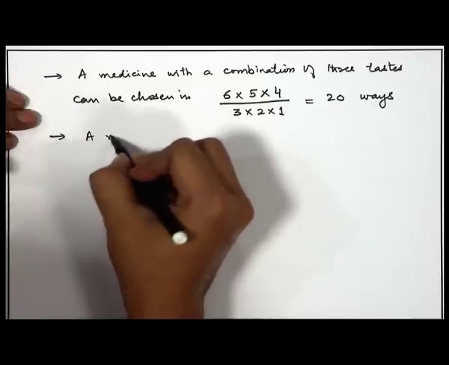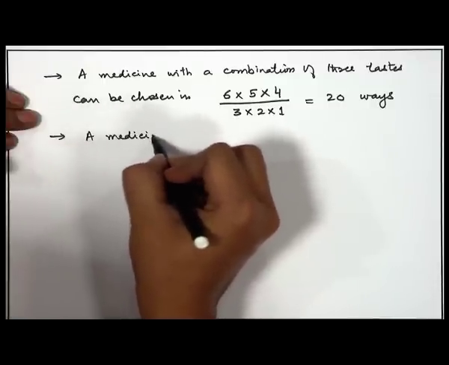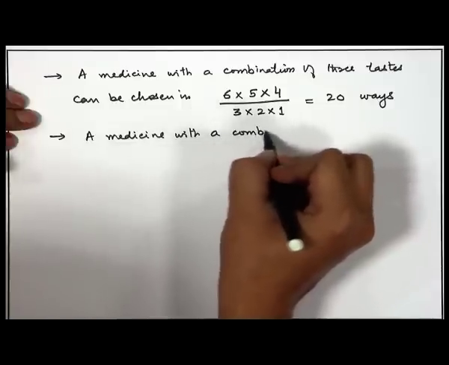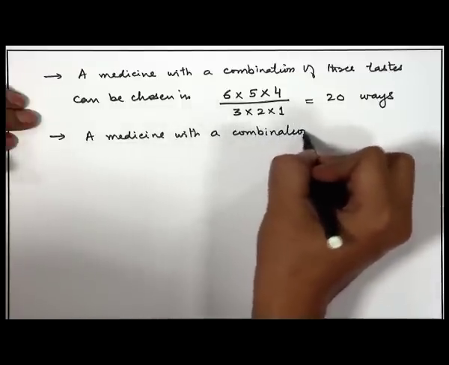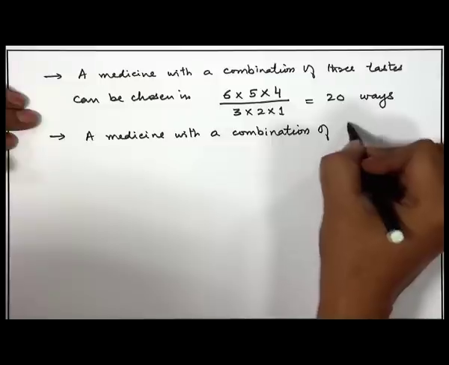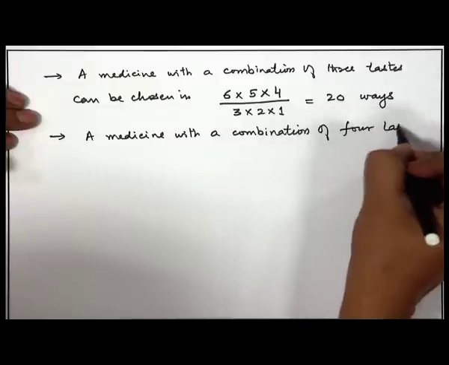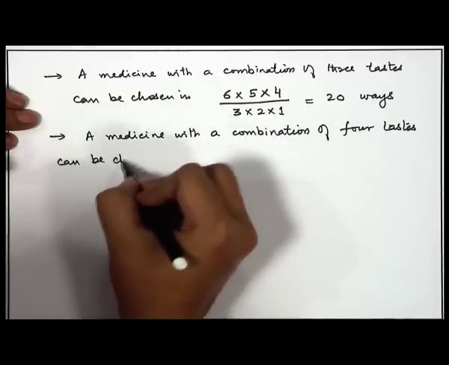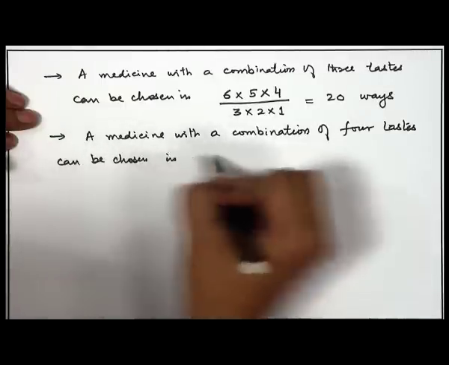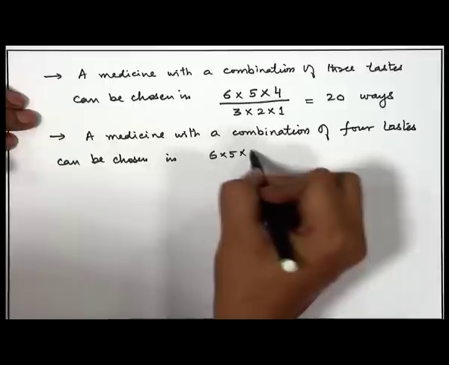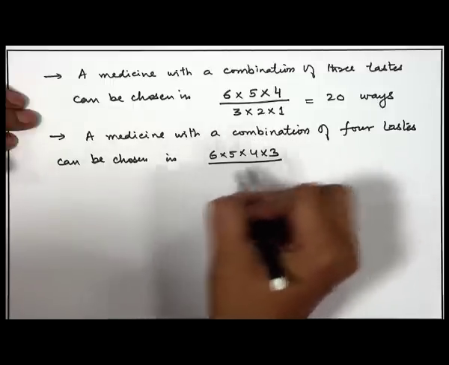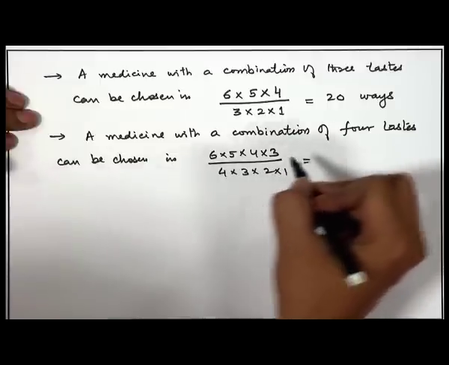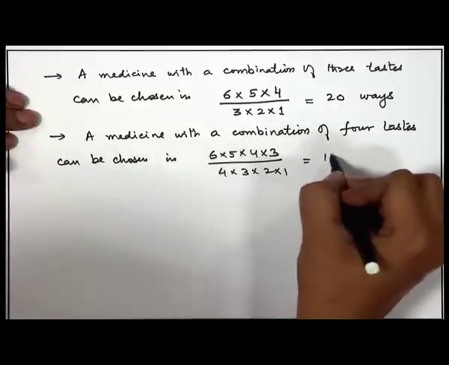Similarly, if you consider a medicine with a combination of 4 tastes, then that can be chosen in 6 into 5 into 4 into 3 divided by 4 into 3 into 2 into 1, that is simply 15 ways.